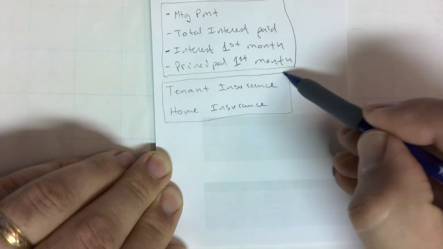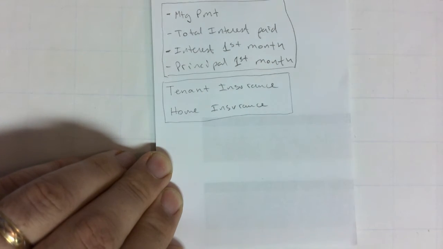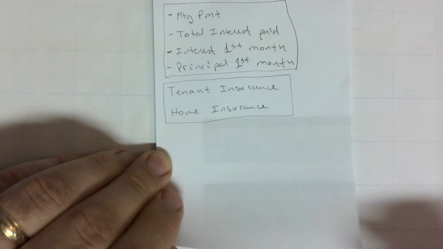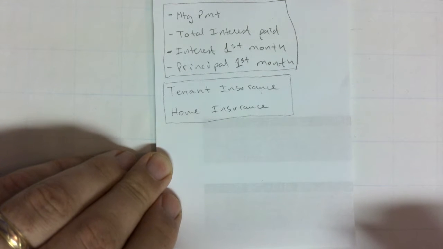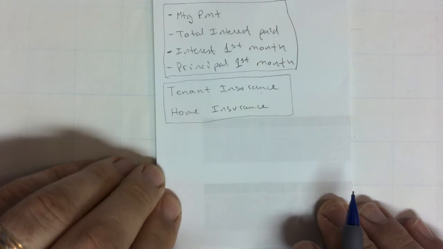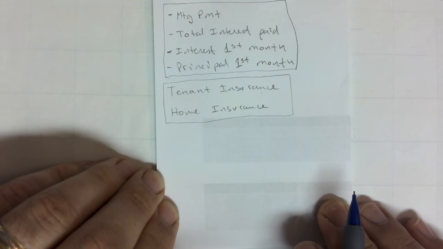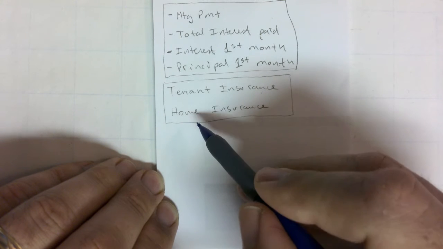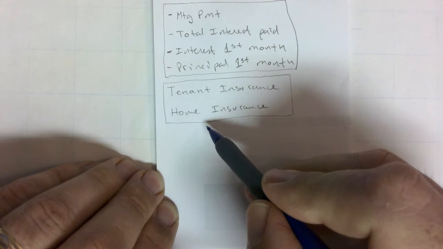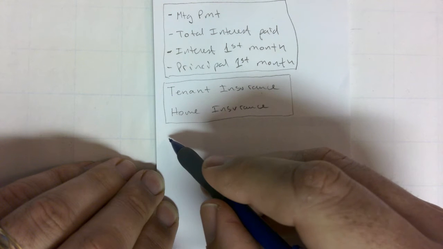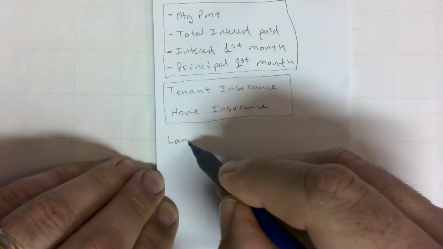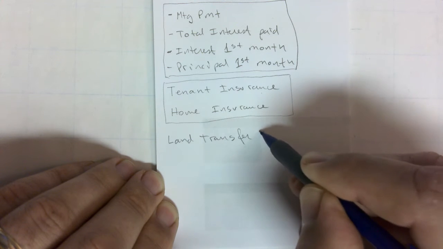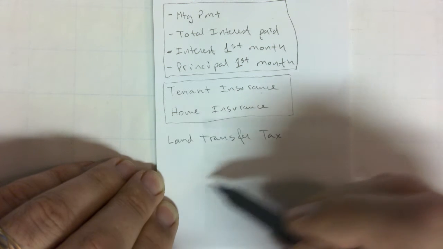So we had that, and also knowing what the difference is between the two, what is covered, right? And just know how to calculate the insurance before and after tax, right? So that was what we talked about next. And then we talked about land transfer tax, and how to calculate that.